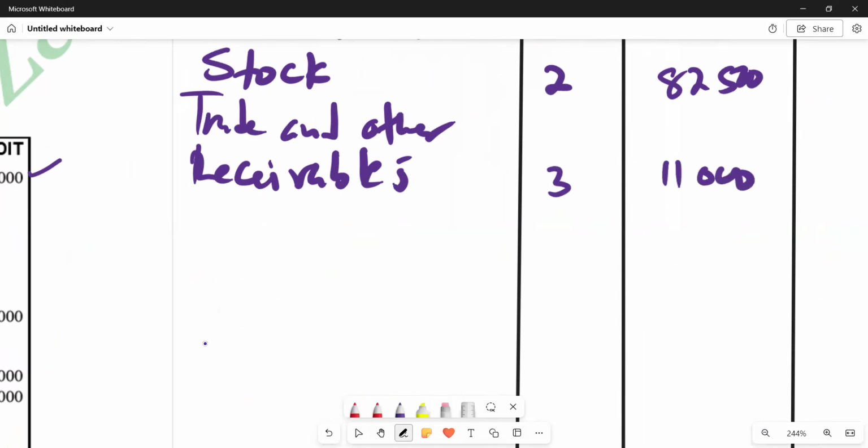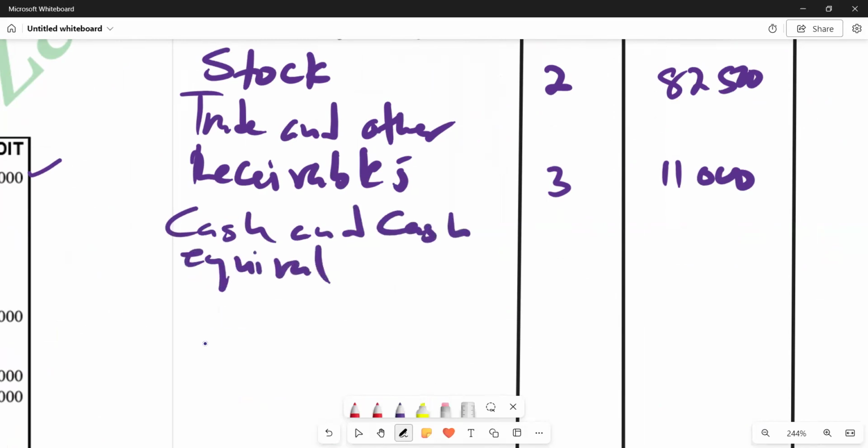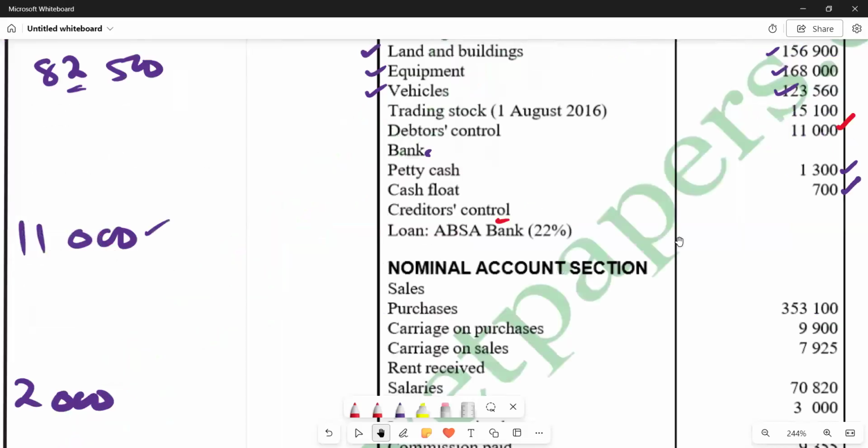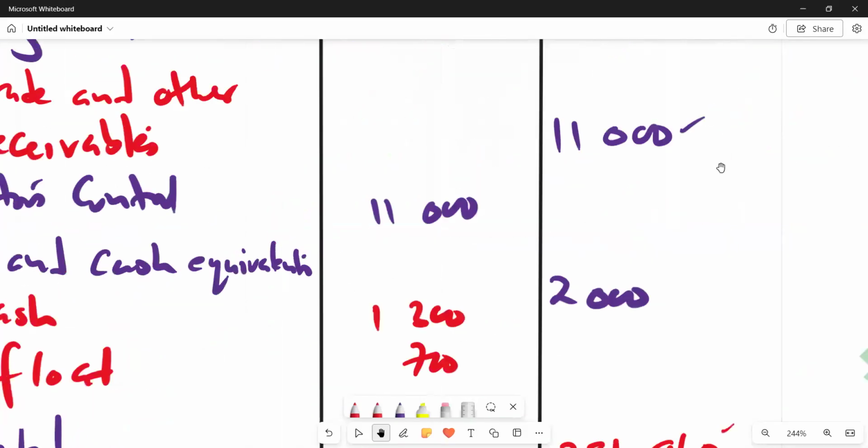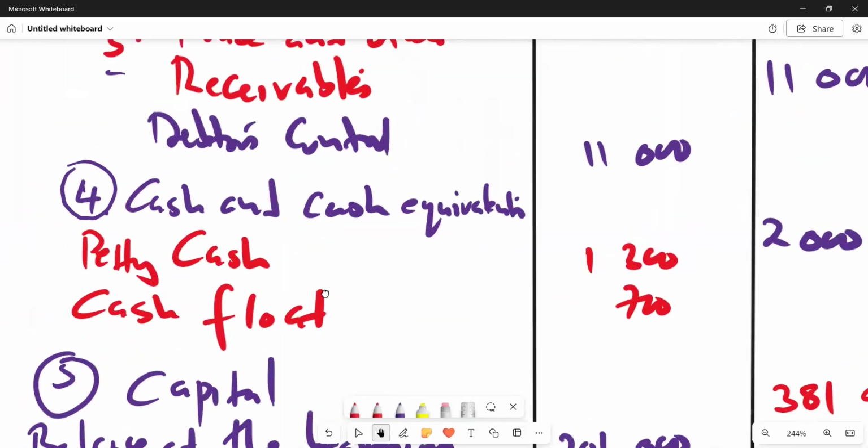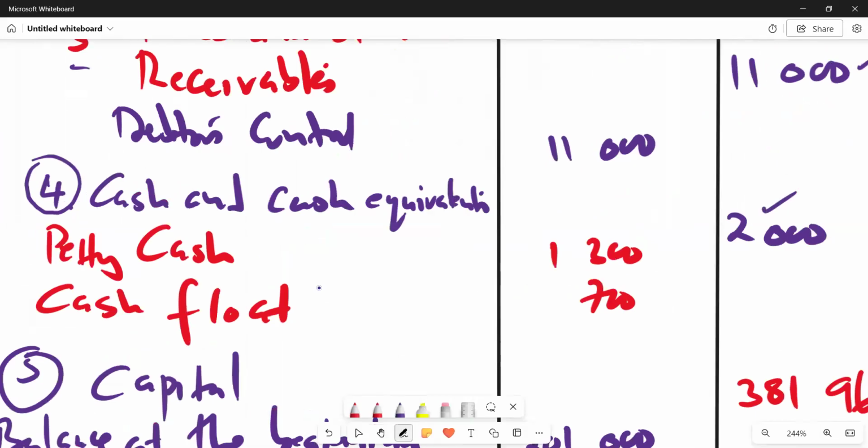And then from there, we are going to have our cash and cash equivalents. We are going to look for the information again in our notes. We did calculate it, and we got 2,000 as the total, and our reference is note 4.